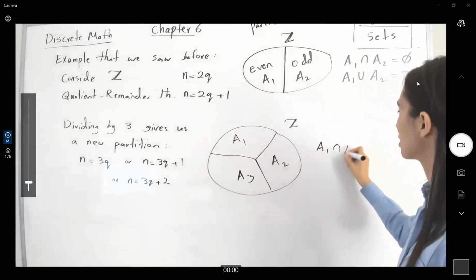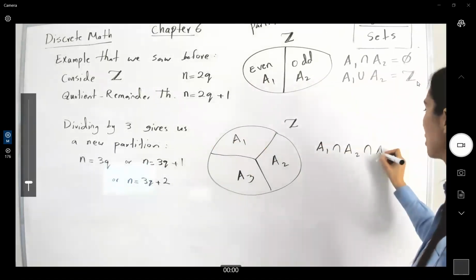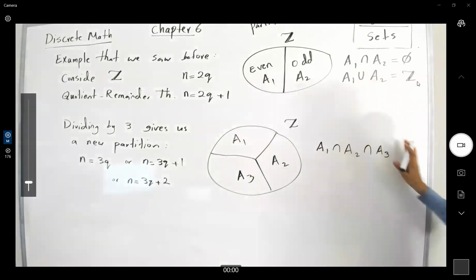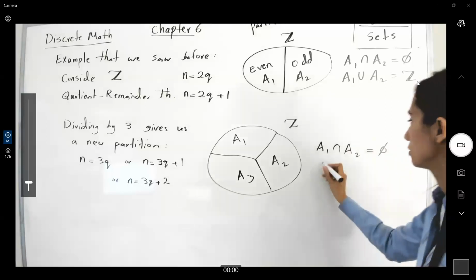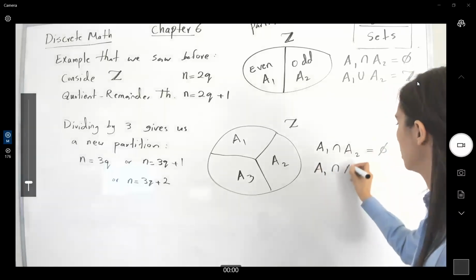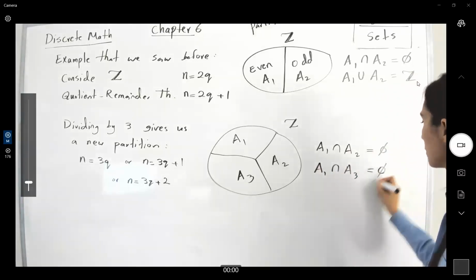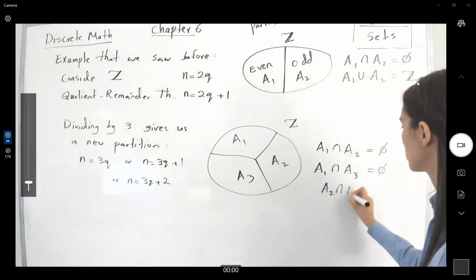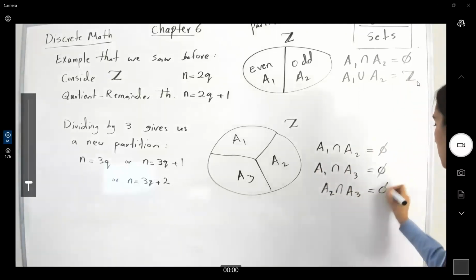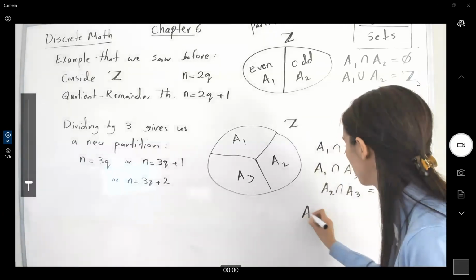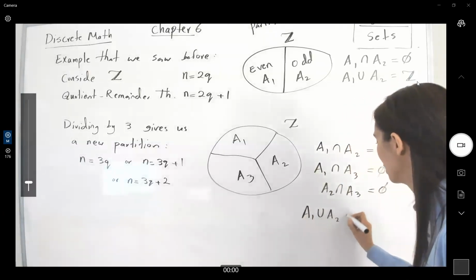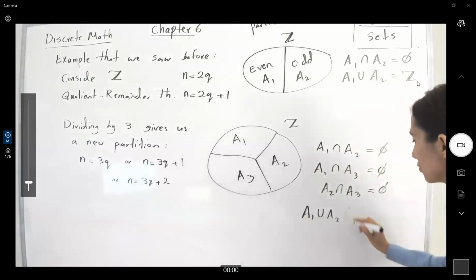A1 intersection A2, intersection A3. So let us write this as pairwise disjoint. A1 intersection A3, and A2 intersection A3 is empty. So they are pairwise, or we can say mutually disjoint, and A1 union A2 union A3 is equal to Z.